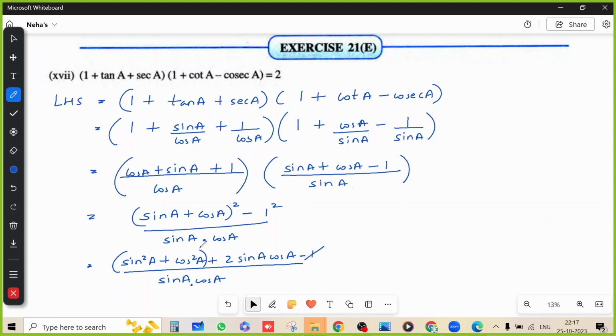So this will become 2 sine A cos A divided by sine A cos A, and sine A cos A will get cancelled out with this sine A cos A. So this will be equal to 2, and which is equal to the RHS, and hence we have proved that the left hand side is equal to the right hand side.